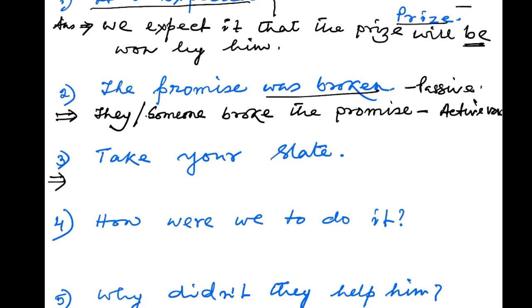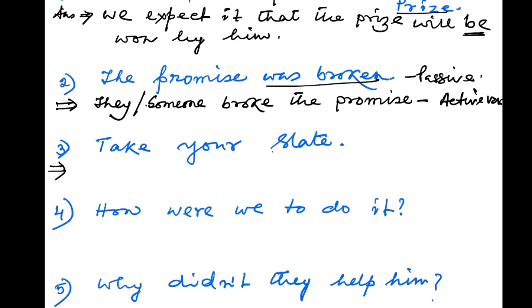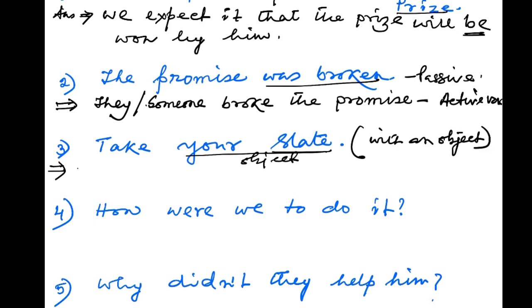Now come to the third sentence. Take your slate. It is an imperative sentence, you know. Your slate, not slate. Your slate is the object. An imperative sentence with an object. So use let at the beginning.